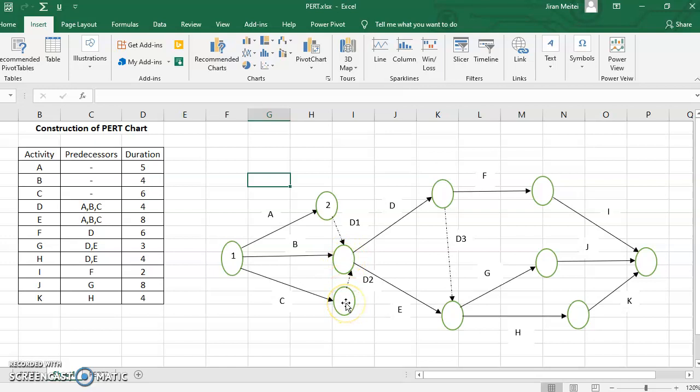So this is the only circle where you do not have any incoming arrow, because we are assuming this to be not there and this to be not there. So this one you'll number 3, and the moment you number this one, these arrows will be assumed to be not there in the network. So this is the circle where you do not have any incoming arrow. Continue like this, and you will be numbering the network in this manner.